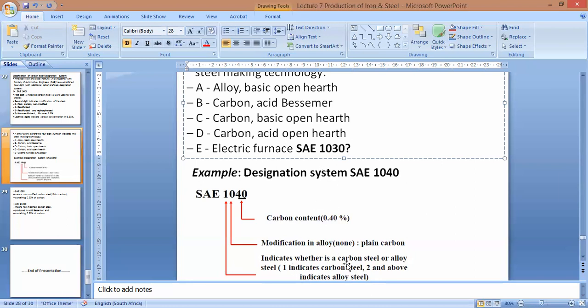So if it's 1, it means it's carbon steel. Then 0 is plain carbon. Okay, and then 3, 0, the last 2 digits, carbon content, of what percentage? 0.30%.